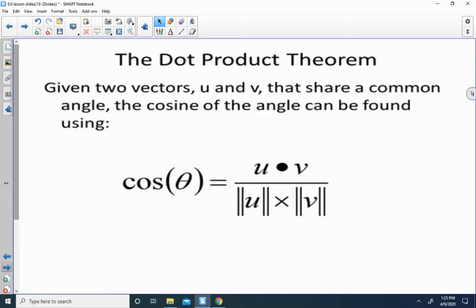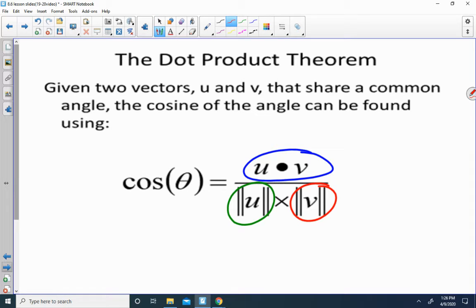So given 2 vectors, u and v, that share a common angle, the cosine of this angle can be found using this formula. So in other words, we have the cosine of theta. You can use this formula to find what the angle is going to be. You just have to use a little bit of cosine with it. But what you're going to end up doing is you're first going to take the dot product, then you're going to take the magnitude of u, and then multiply that by the magnitude of v.